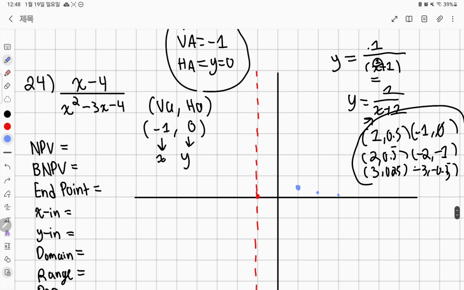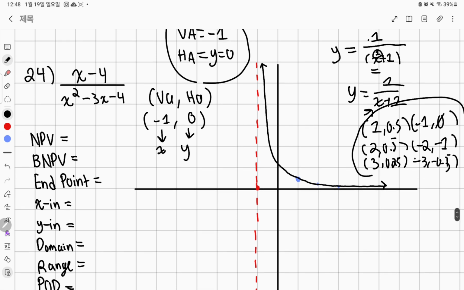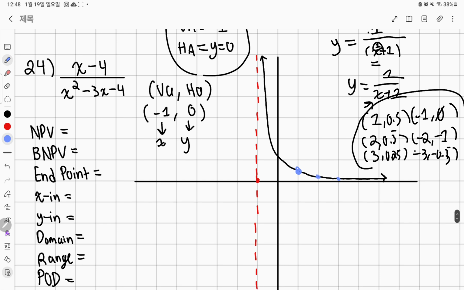Okay, so we easily know that this graph will look like this, just by knowing one side of the graph. And you guys know that the points are here, here, and there, right?